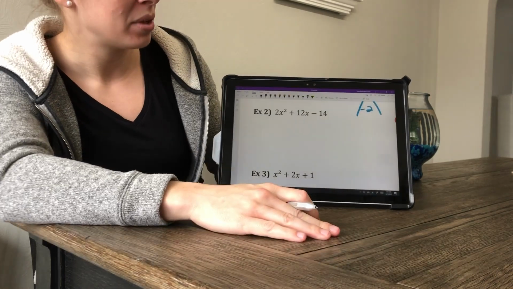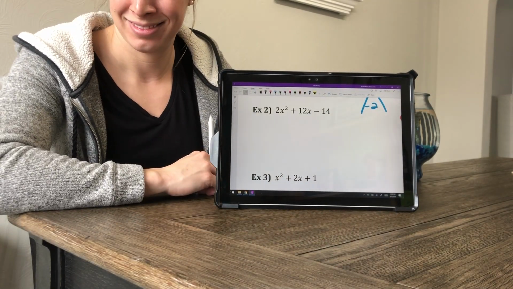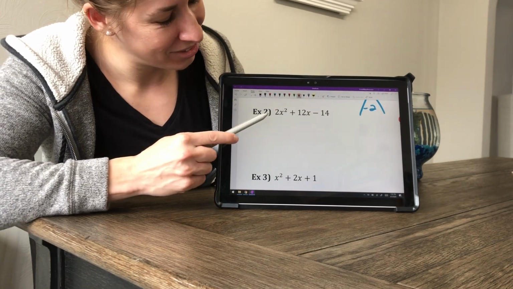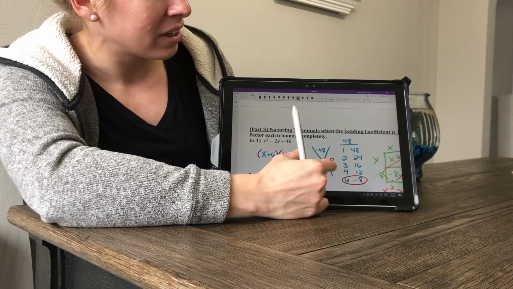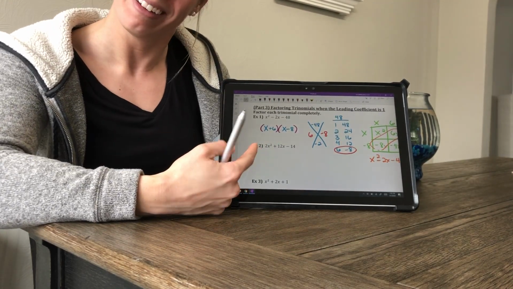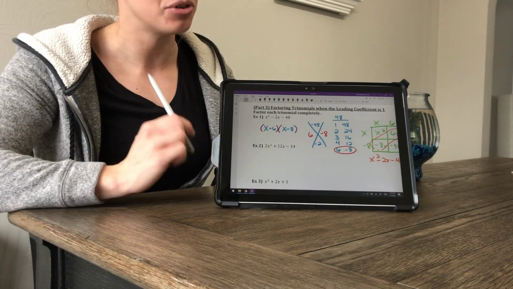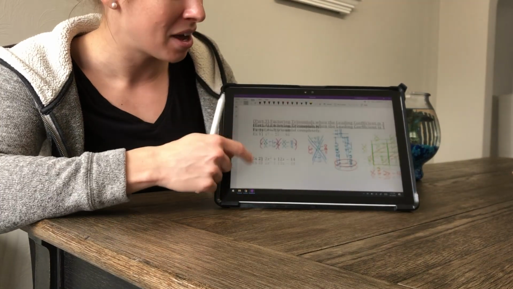2x squared plus 12x minus 14. What? 2. But Miss Mollenauer, we're factoring when the leading coefficient is 1. That leading coefficient is 2, not 1. Ah, yes, wise student, but what did I say the first step of factoring was?